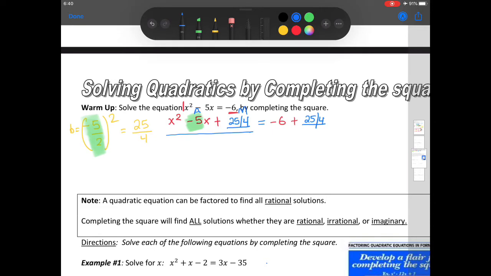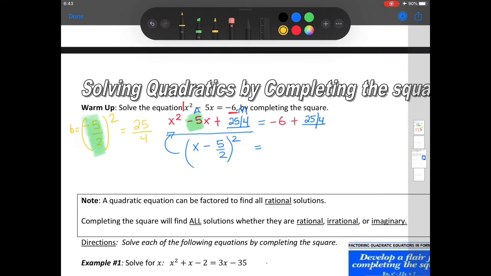It's always going to be that number, your b divided by 2. So it's going to be x minus 5 over 2 squared. If you multiply this out, if you write it out, you will end up with this. You can always check. It always works. So you don't have to worry whether it's a fraction, not a fraction, a large number, small number, whatever kind of number you get, you'll be good.